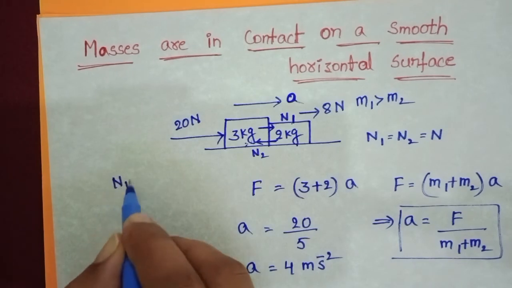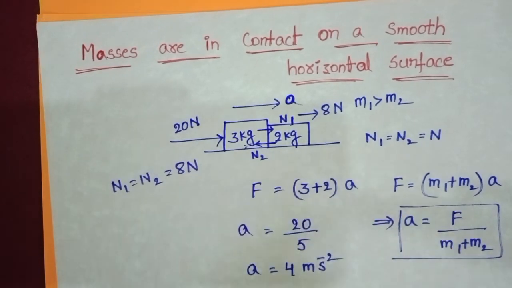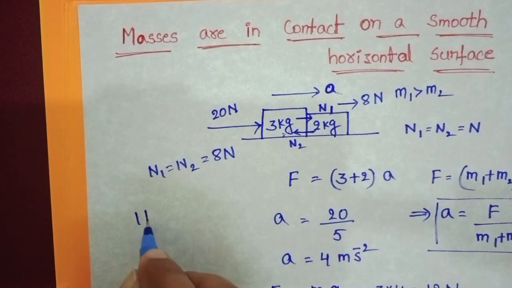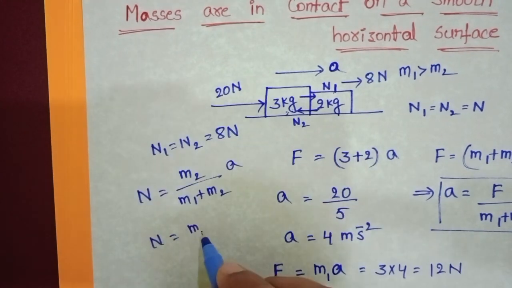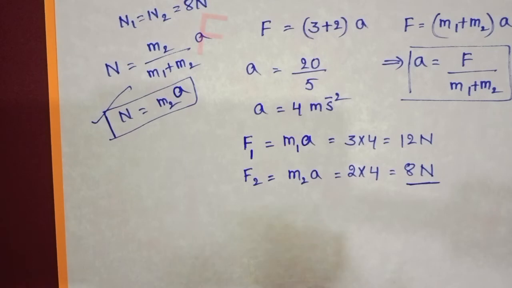So here N1 is equal to N2 is equal to 8 Newtons. So now check the formula for finding the normal force between the two bodies. To find the normal force, N is equal to M2 into A. Remember this.